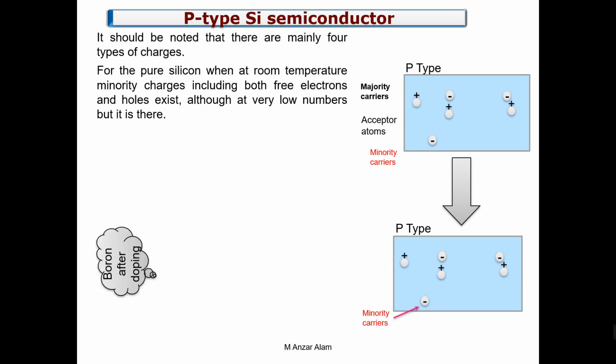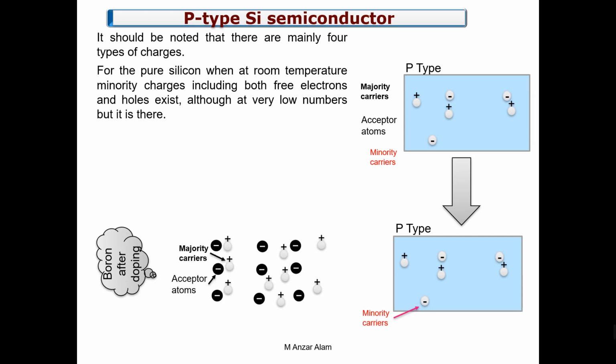So, boron after doping. To make p-type materials we must dope with the p-type dopant, which here is boron. Because boron is short of one electron, the covalent bond of the silicon will give one electron to share with the boron atom. So the boron atom will have a negative charge.